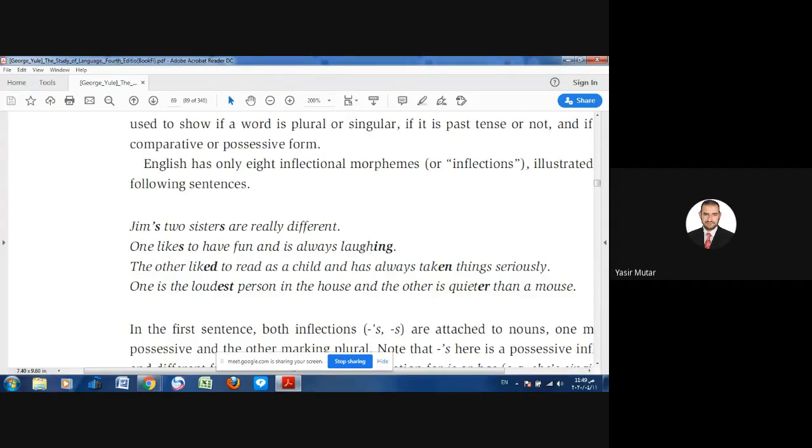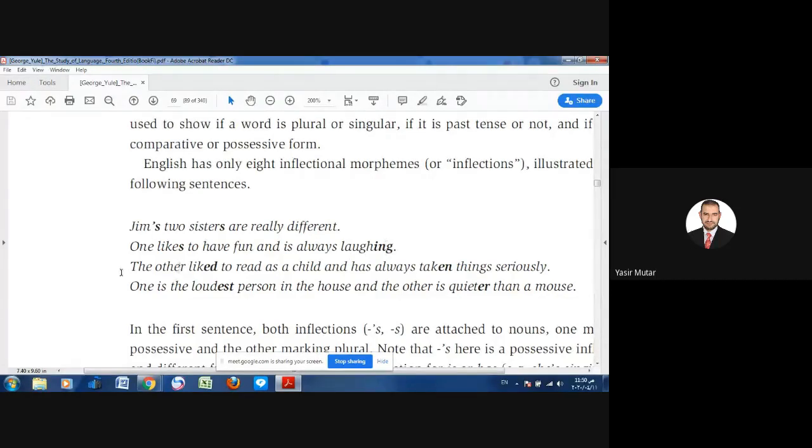And then you have this ing. This ing is attached to verbs to identify the continuous present tense.